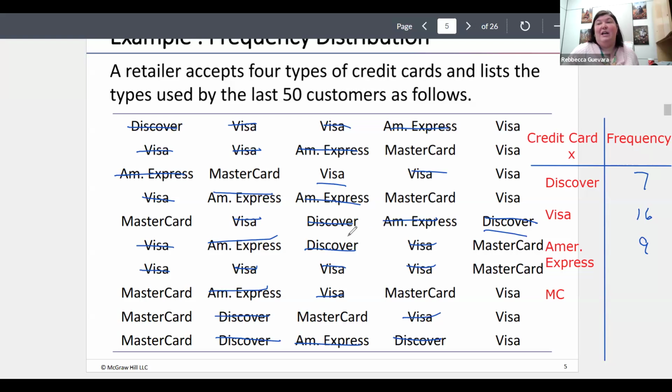I guess we'll see in a second. And then our MasterCards, we have 1, 2, 3, 4, 5, 6, 7, 8, 9, 10. Yeah, I think I missed these. So 1, 2, 3, 4, 5, 6, 7. So I think it's 23.